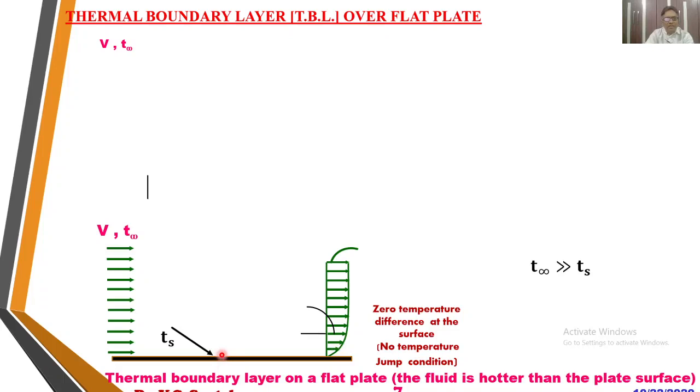Any fluid particle which is in contact with the flat surface, its temperature will become equal to the temperature of the surface, that is Ts, and this condition is called the no temperature jump condition.